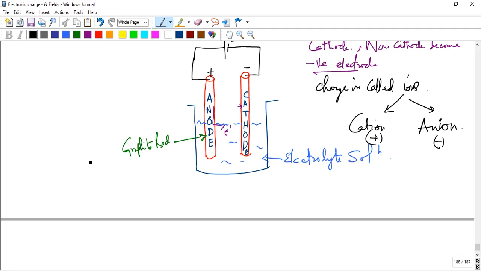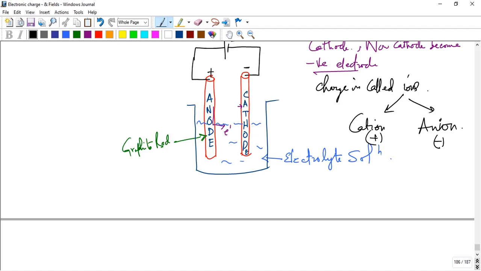So the cation migrates to the cathode during electrolysis, gains electrons from the cathode and gets reduced to become a neutral atom. That is very important. And the anion migrates to the anode during electrolysis.